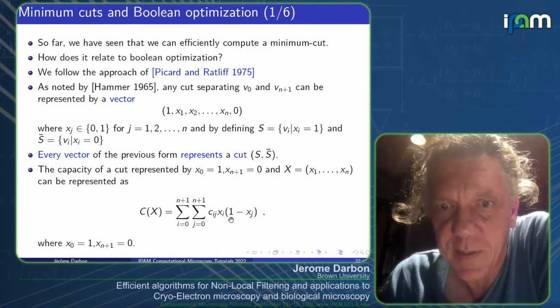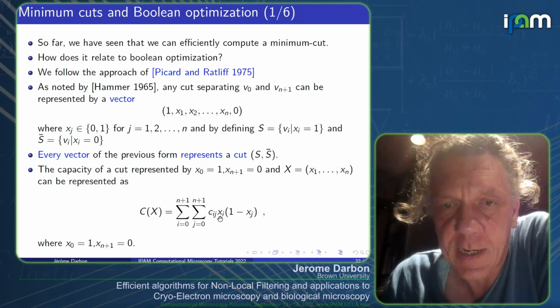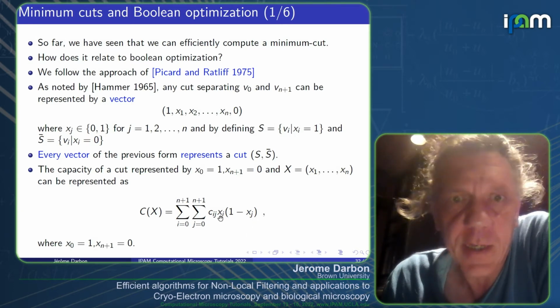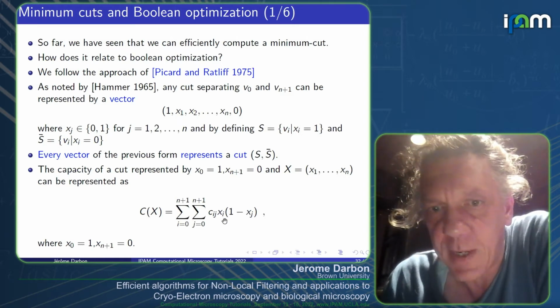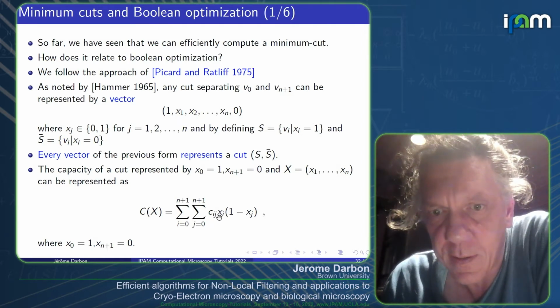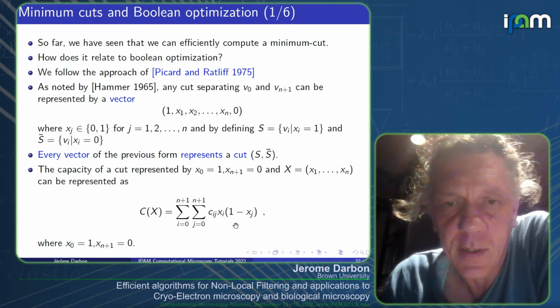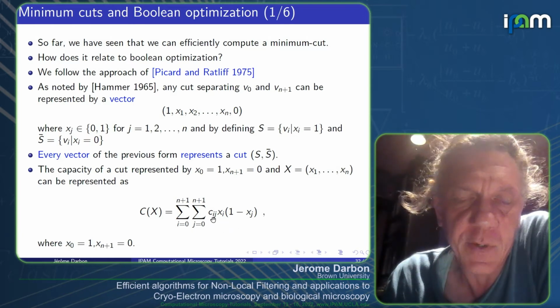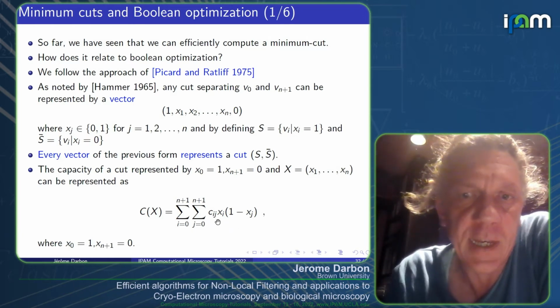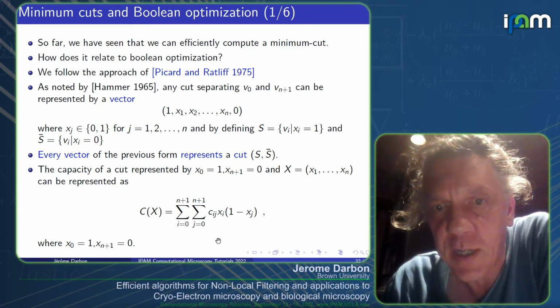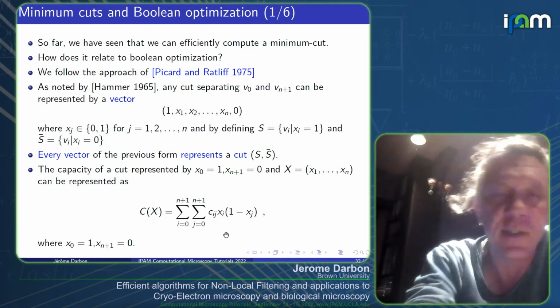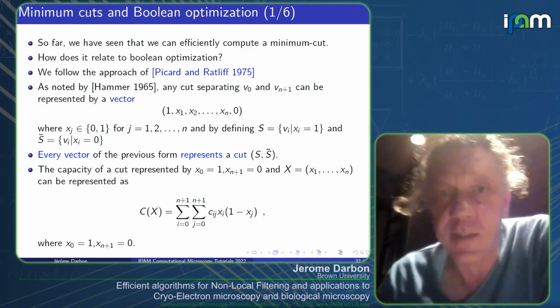To be in the sink means x_j is 0. So when x_i is the source, I am 1. When x_j is in the sink, then I am 0. And then that product is 1. And I multiply it by the cost of the edge, C_ij, and I sum. So now I have an algebraic representation of what the cut is in terms of binary vectors.